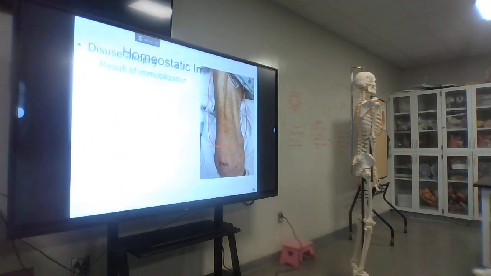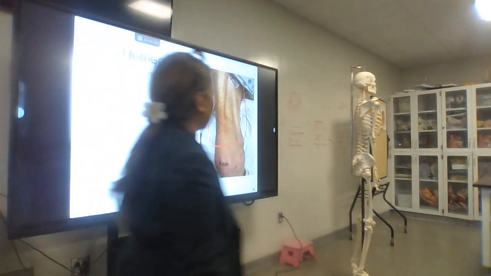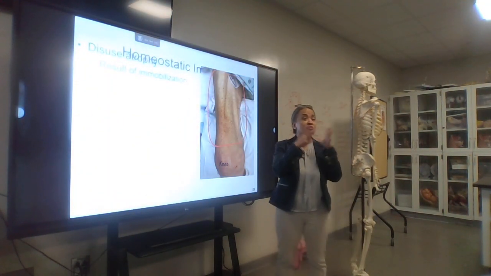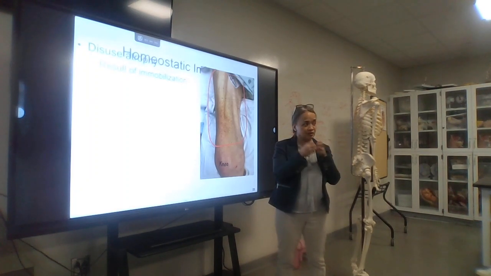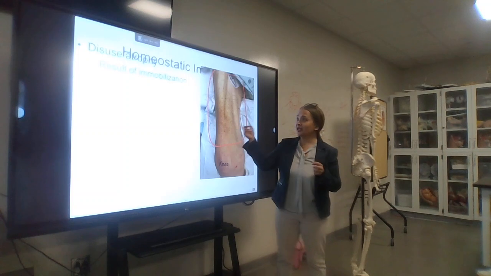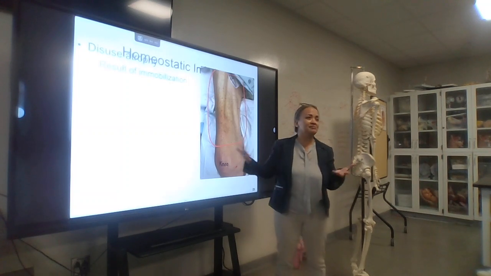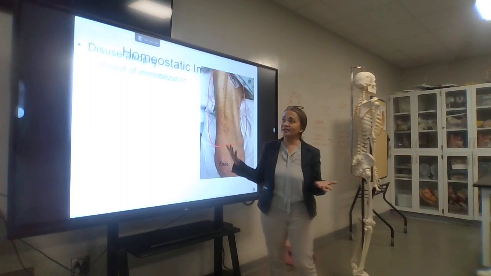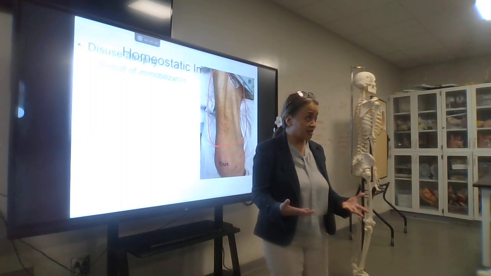I mentioned atrophy earlier. Atrophy is when the muscles stop growing. Basically, they shrink. Atrophy means lack of growth. They shrink because you don't use them. Basically, if you don't use it, you lose it. You see this a lot in people who are in wheelchairs.